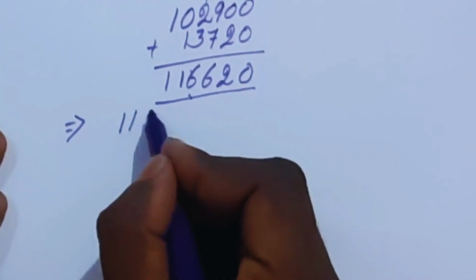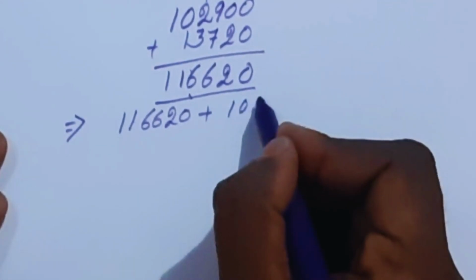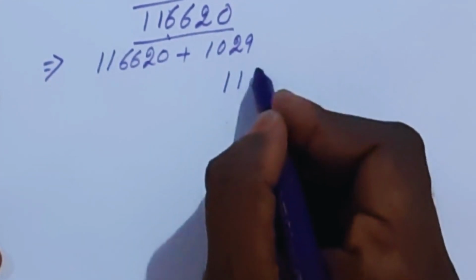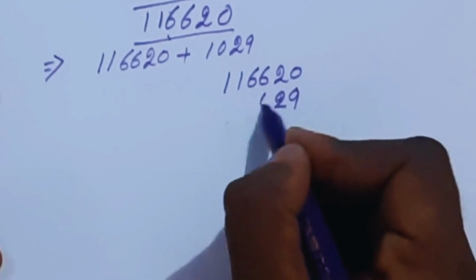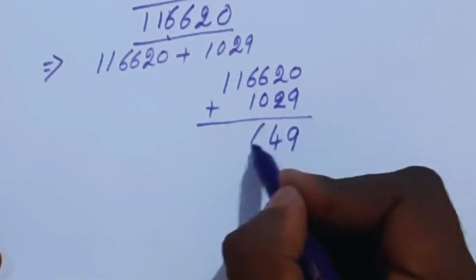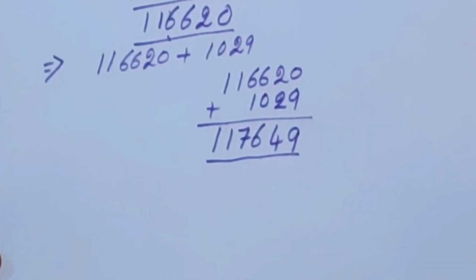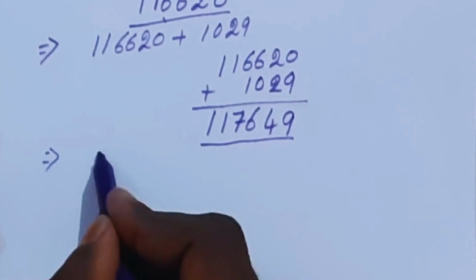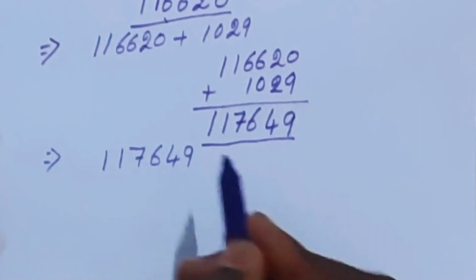So 1, 1, 6, 6, 2, 0, plus 1, 0, 2, 9. Added: 2, 0, 9, 2, 0, 1. Here 9, 4, 6, 7, 1, here 1. So we have 1, 1, 7, 6, 4, 9.